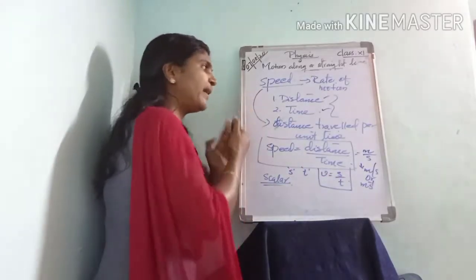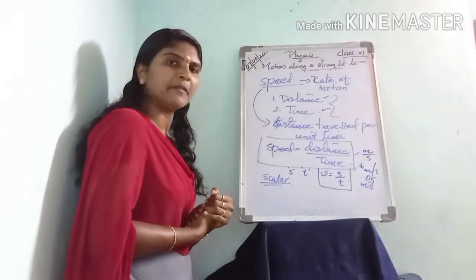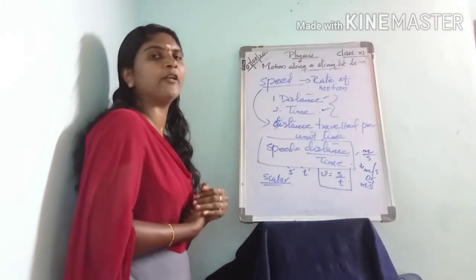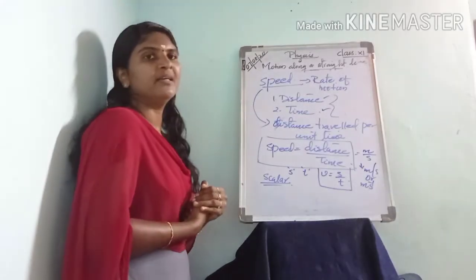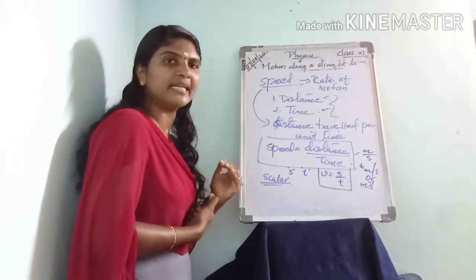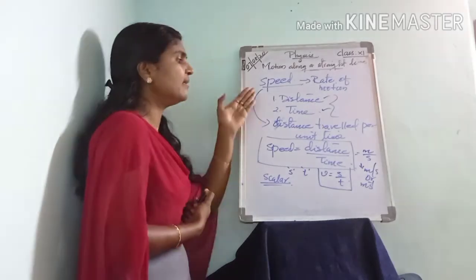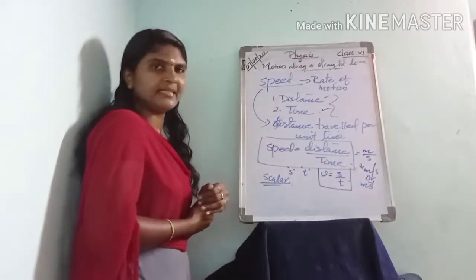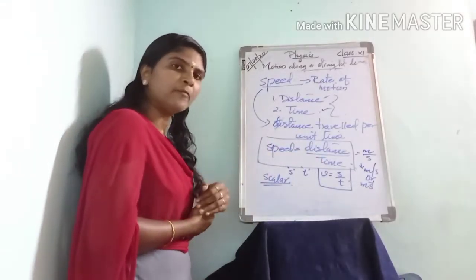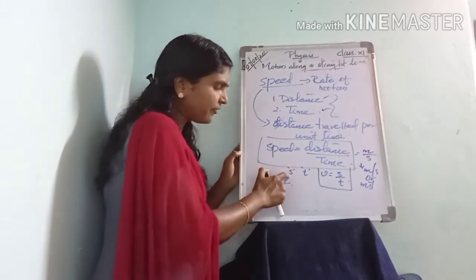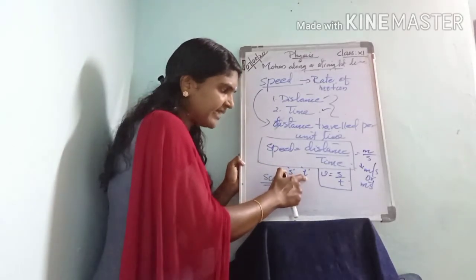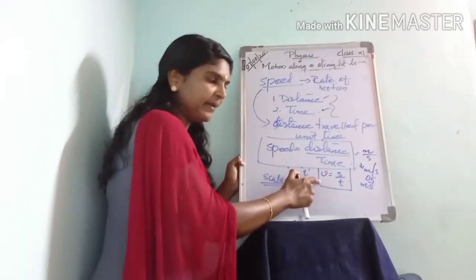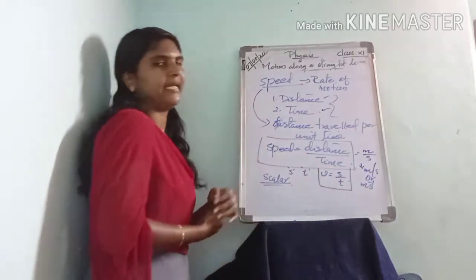Then what is speed? Speed of an object means distance travelled by an object in unit time. We have the equation speed equal to distance by time. Suppose an object covers a distance of s during the time t, then the speed v can be written as s by t.